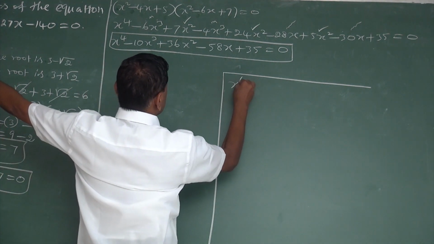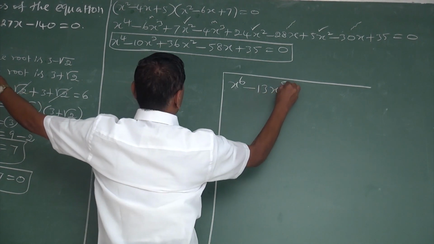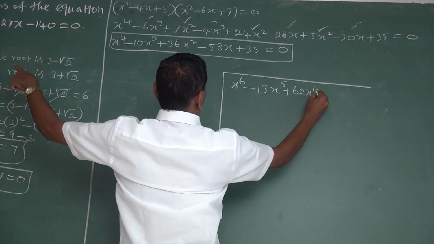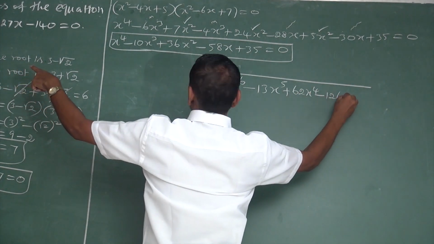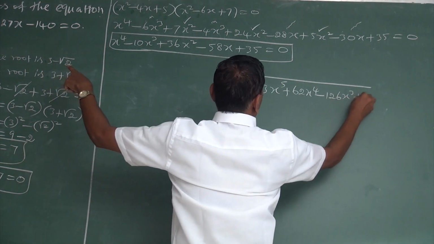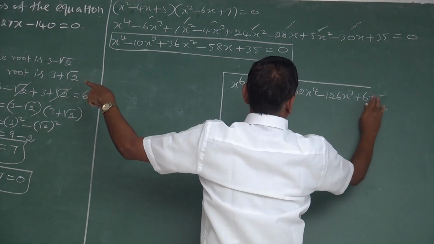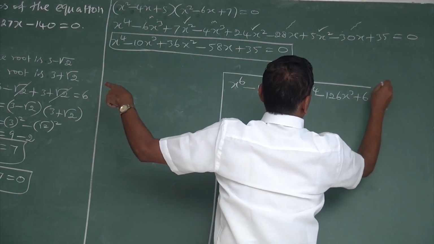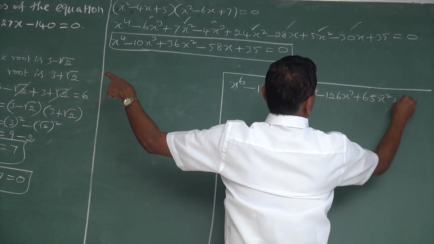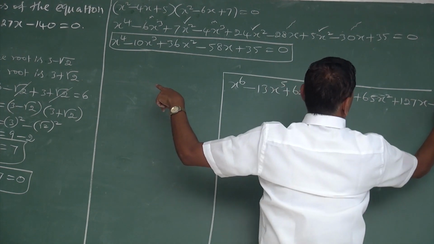I want to write x power 6 minus 13x power 5 plus 62x power 4 minus 126x cube plus 65x square plus 127x minus 140.